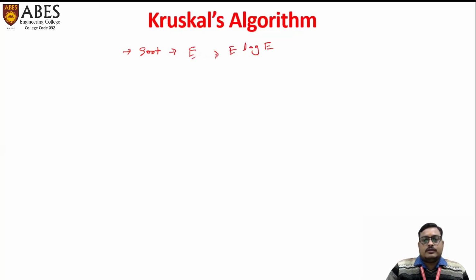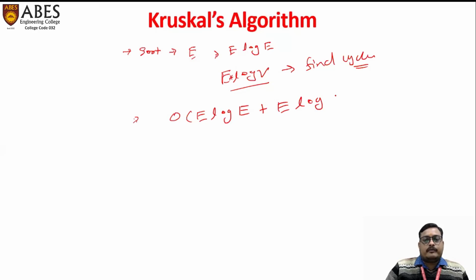After that, to find out whether there is a cycle or not for any edge, find set will take log v, and we are calling this for each edge, so it will be e log v. Overall, the time complexity will be e log e plus e log v.